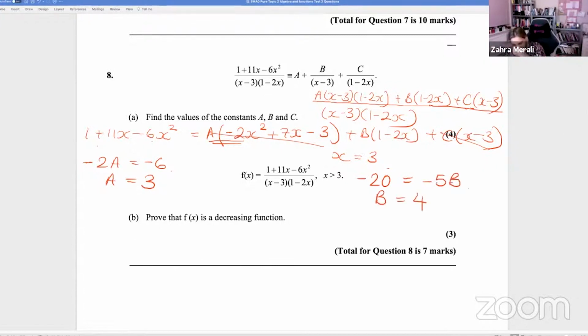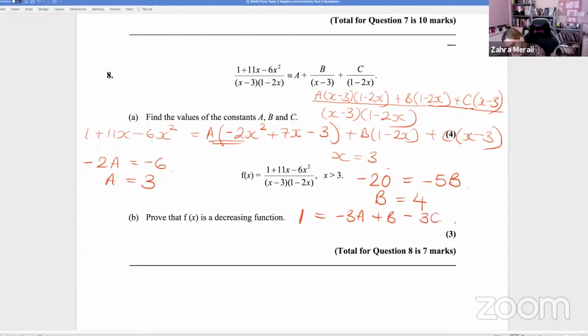And then I could substitute again. I wouldn't actually put a fraction in, I just put any number in. So for example, I would put 0 in at this point. When I stick 0 in, my left-hand side becomes 1. My right-hand side becomes minus 3a plus b minus 3c.